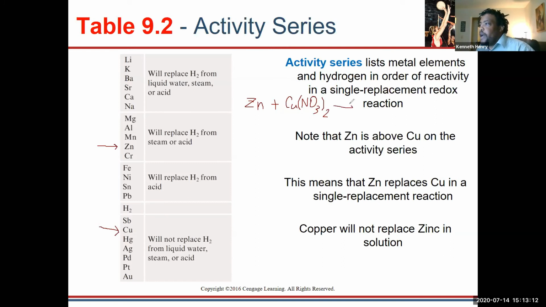So this reaction will happen, right? And then you'll get copper plus zinc nitrate, or zinc 2 nitrate.